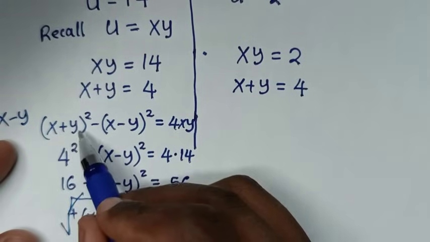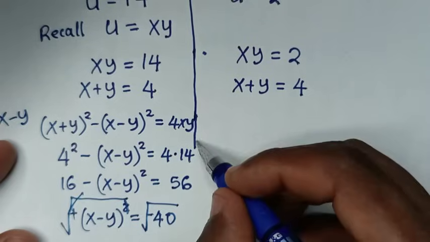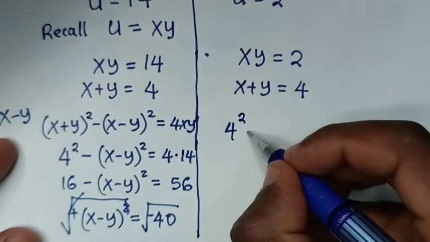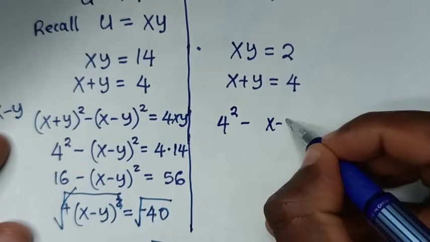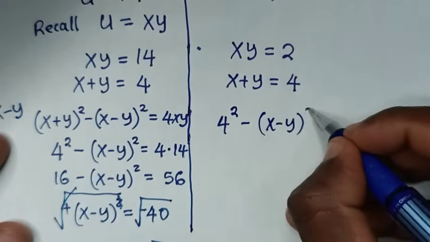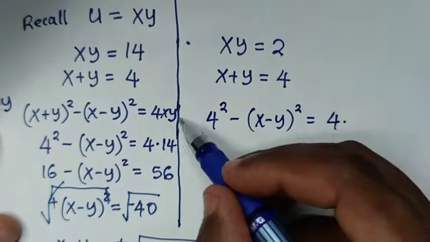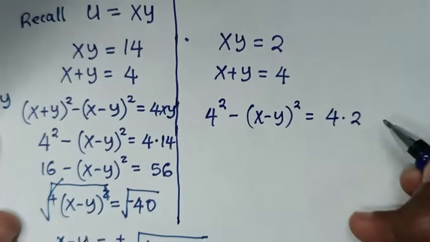So (x + y) squared. x plus y is 4 in this second solution, so it will be 4 squared, then minus (x − y) squared is equal to 4 times xy, xy is 2, so times 2.